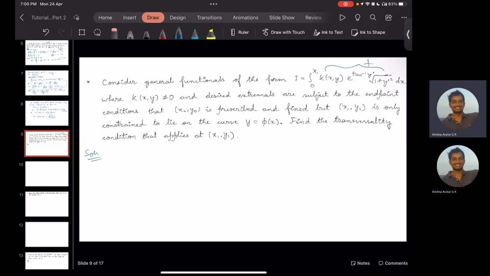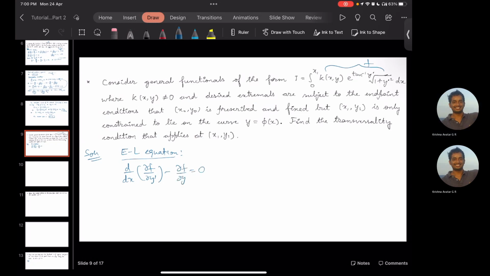At first, let's find the solution. I'll just write the solution process. First we'll have our Euler-Lagrange equation, which is d by dx of partial f by partial y prime minus partial f by partial y equal to 0.